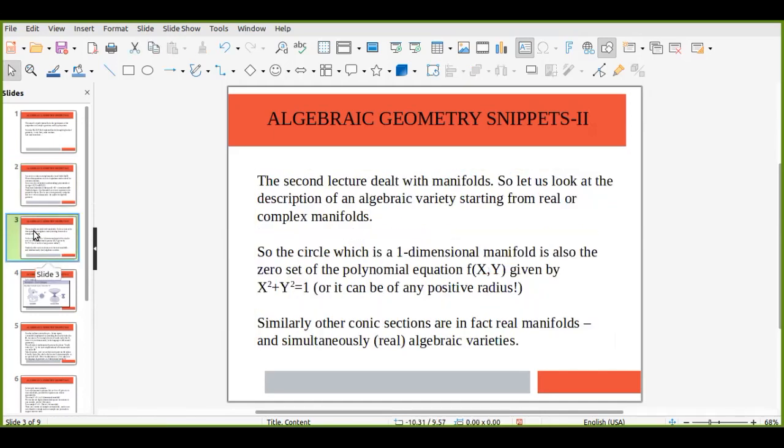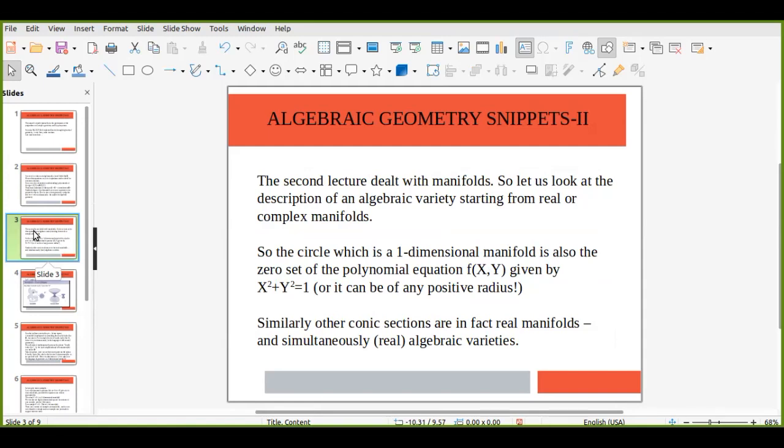The second lecture today dealt with the manifold. So let us look at some of the connections. We can look at an algebraic variety starting from a real or complex manifold. We'll shortly see a more precise definition of a manifold.